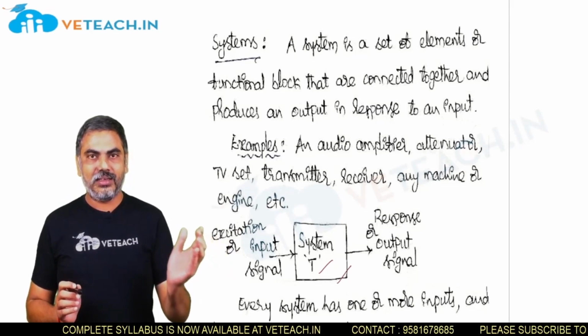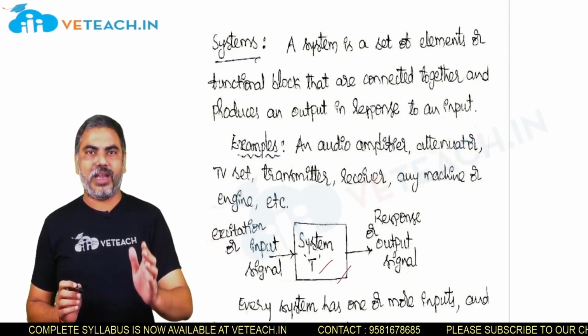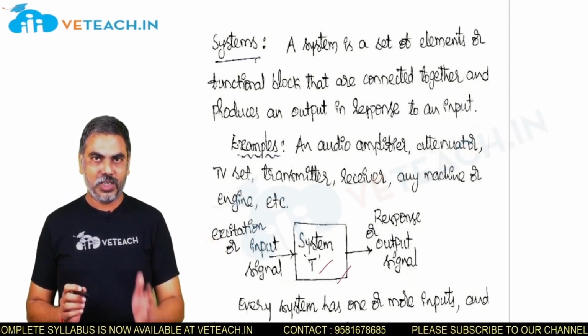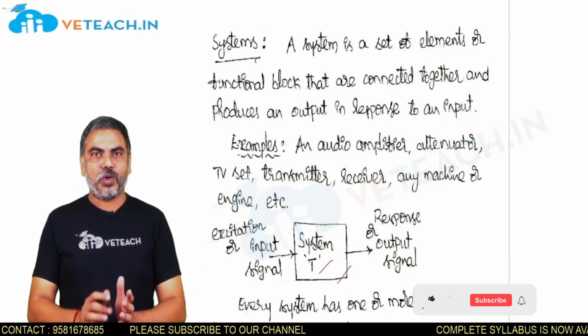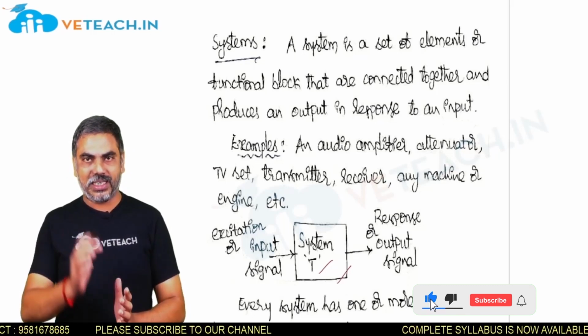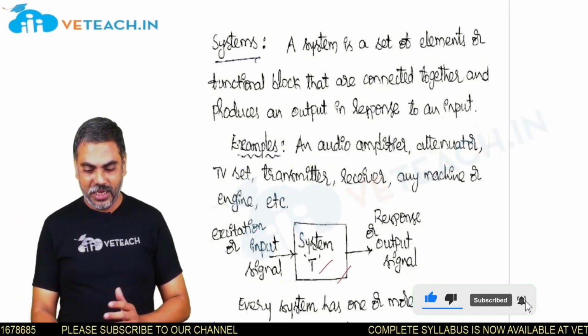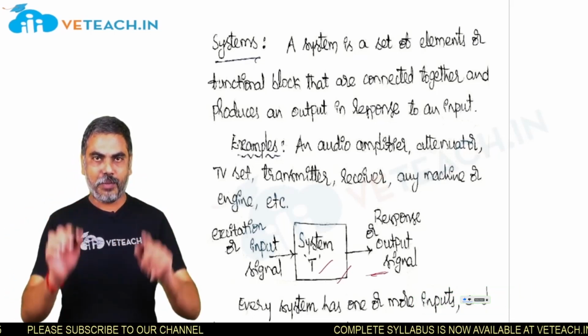A system can have a single input or multiple inputs. Let us consider a single input signal, producing one output signal, which is represented at the right side of that block.